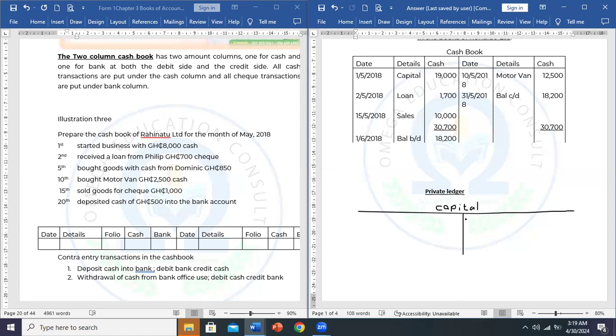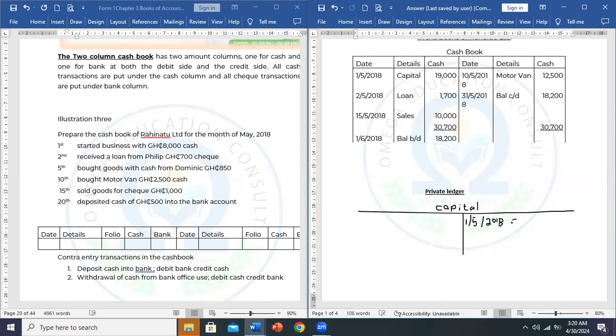So you just show the date, 1st May. I'm using a freehand, so just for you to get it. The subsequent ones, you know what to do. So you are just going to tell me the type of ledger where we put it.